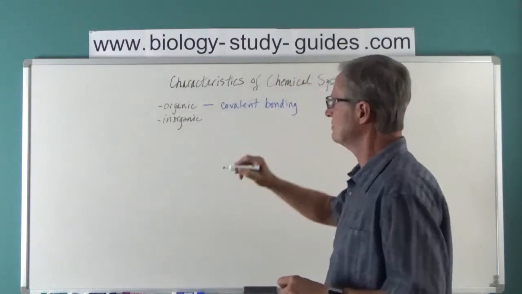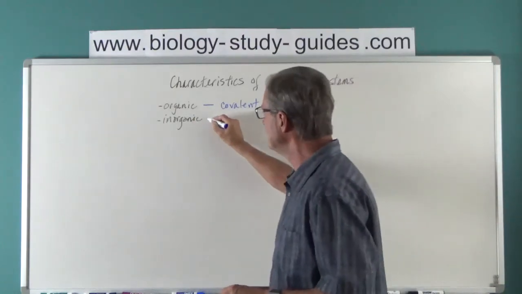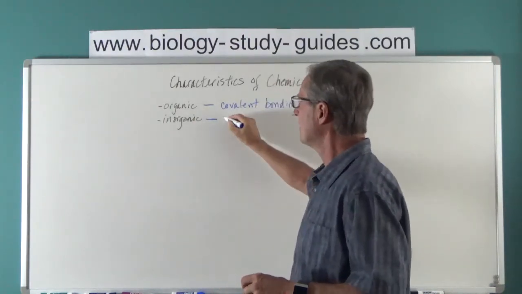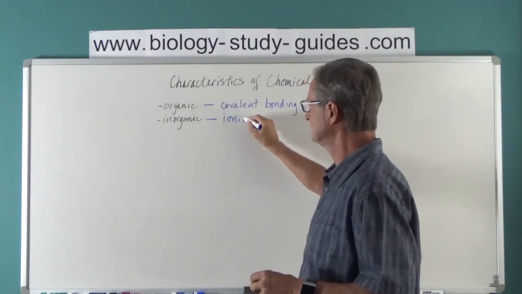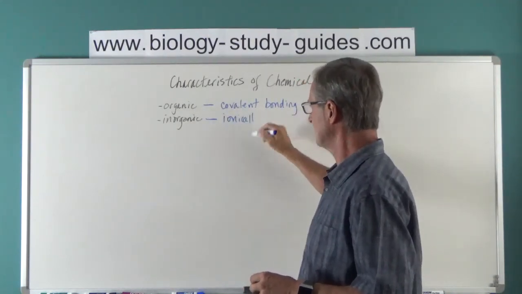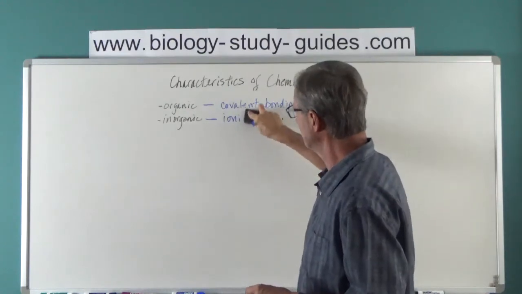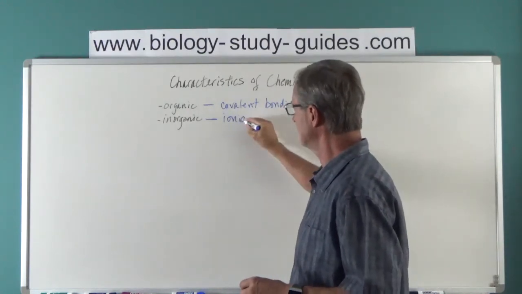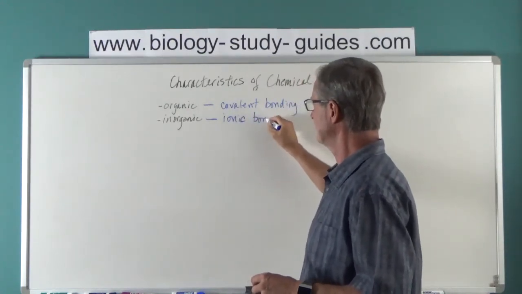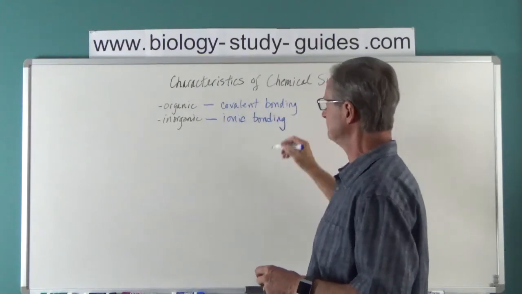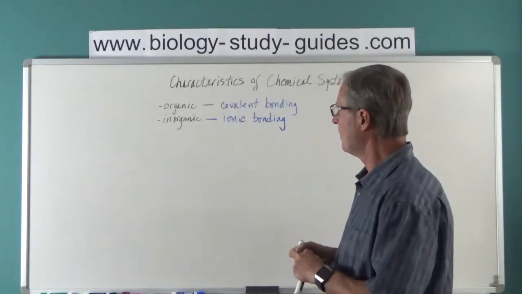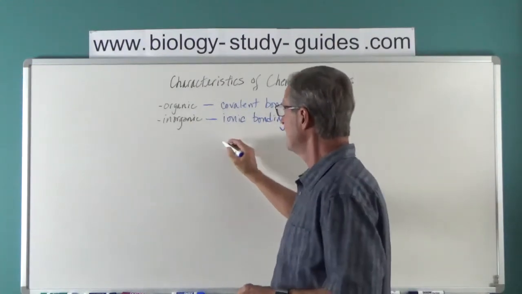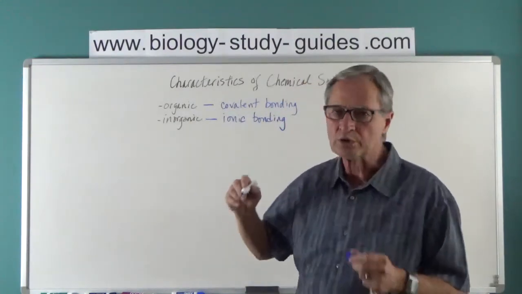All chemical systems have got chemical bonds in them. Inorganics are ionically bonded. And somewhere in the middle, there's a third variation of this, and there's a polar covalent bond.